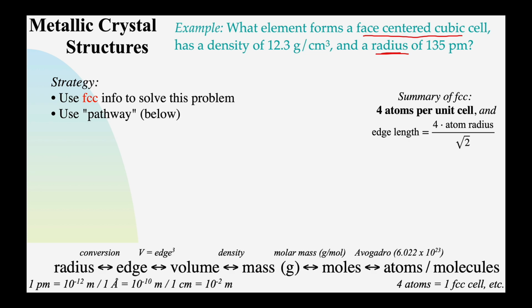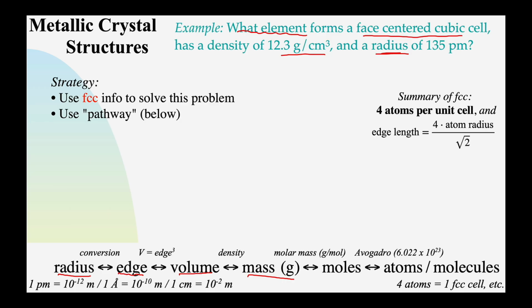If you look at this, we said earlier how we have the radius, so we can use the radius to edge conversion to get to edge, and edge cubed, whatever that number is, is going to give you volume, and we have the density up there, so we can turn volume into mass. However, we don't know what element we're dealing with here, so we can't exactly look on the periodic table for the molar mass if we don't know what it is. I mean, is it hydrogen or uranium or whatever? Who knows?